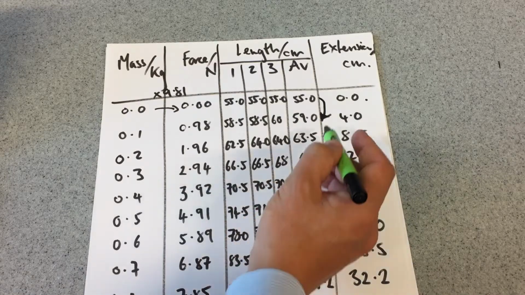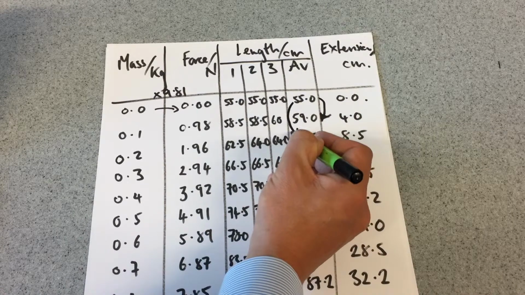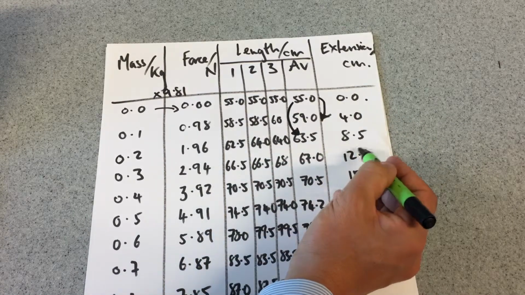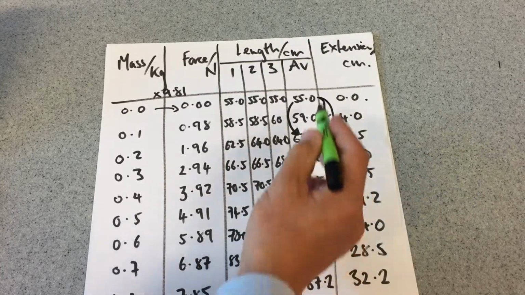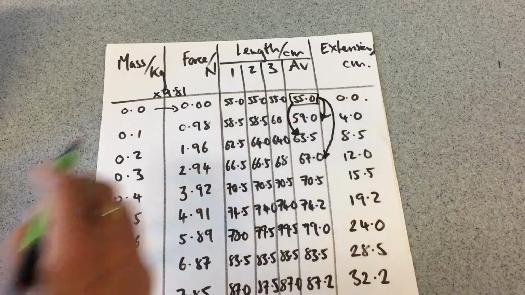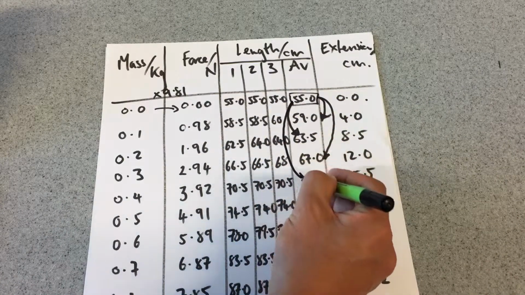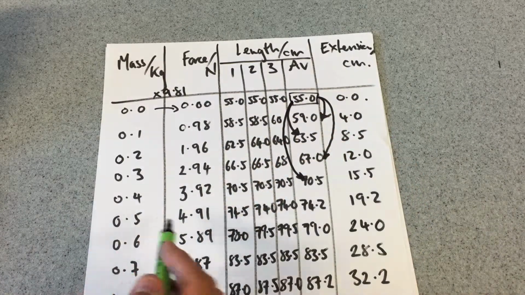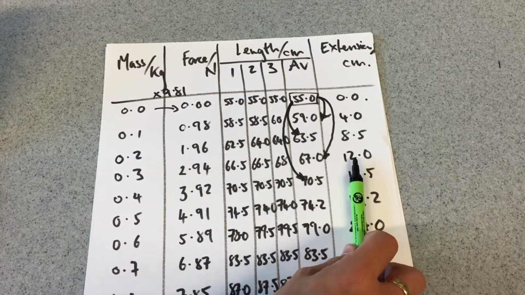However, where some people fall foul is that they think the next extension is going to be the difference there. It's not. It's going to be this difference because you're looking at it from originally. Then this number 12 is going to be the extension from the original value. And that continues all the way down. So you have an ever-growing extension. So with increasing force, you have an increasing extension.